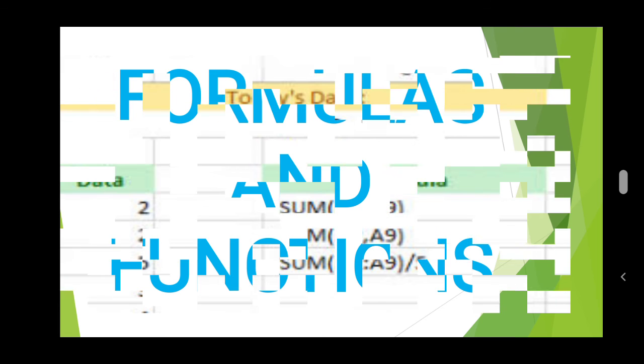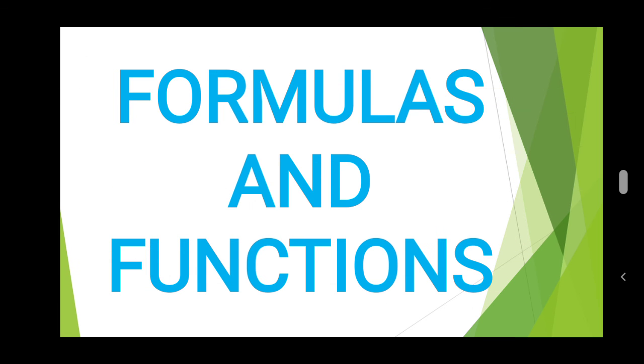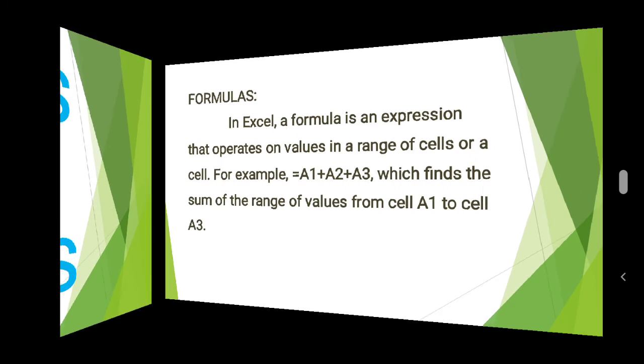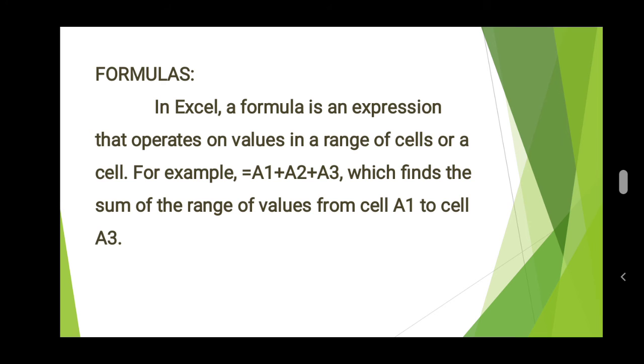Okay, and see the next heading, formulas and functions. What is called a formula? A formula is used to calculate an expression or an operator, and a formula should always start with the sign equal to. Here in this picture you can see an example, equal to A1 plus A2 plus A3.